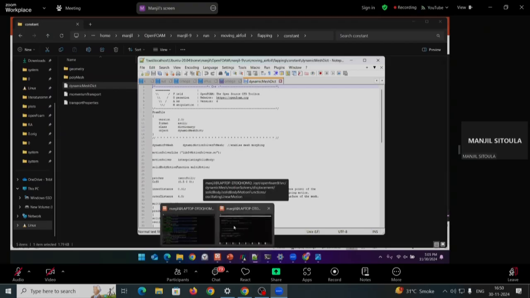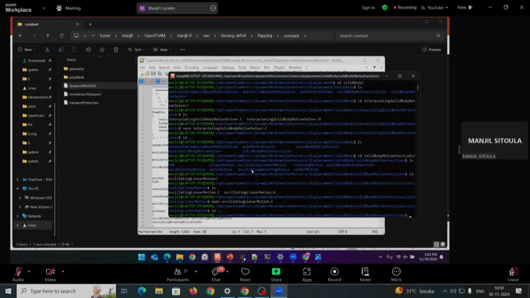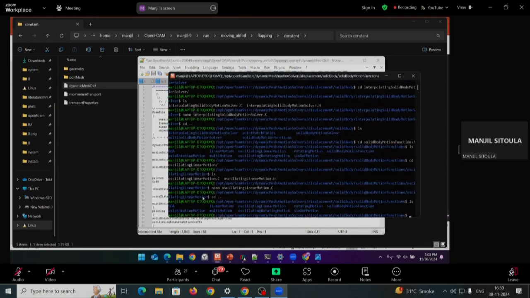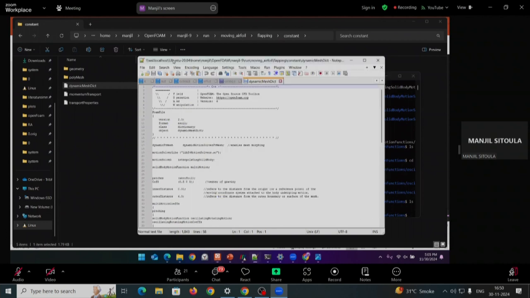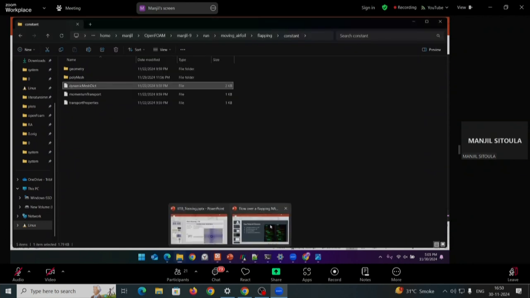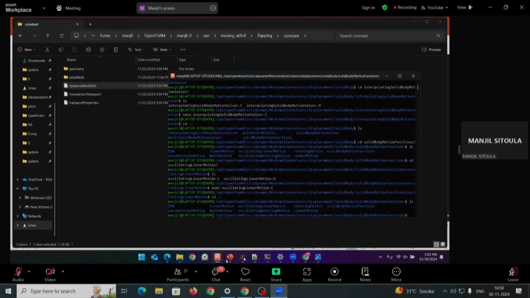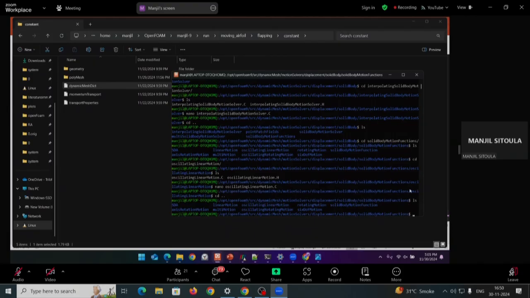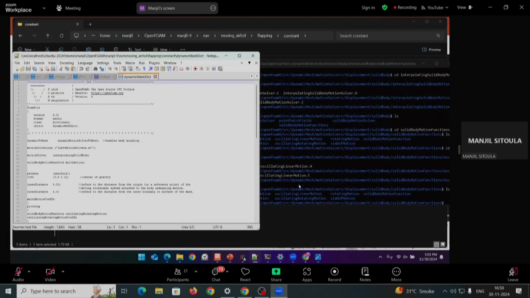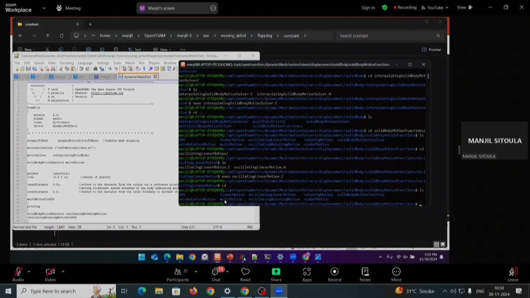We can see that there is also a multi-motion available in the motion functions. So we can see multi-motion in the terminal here.